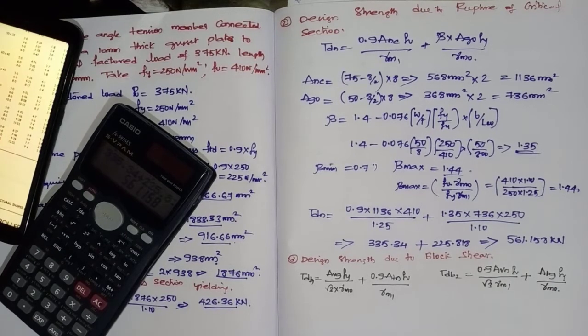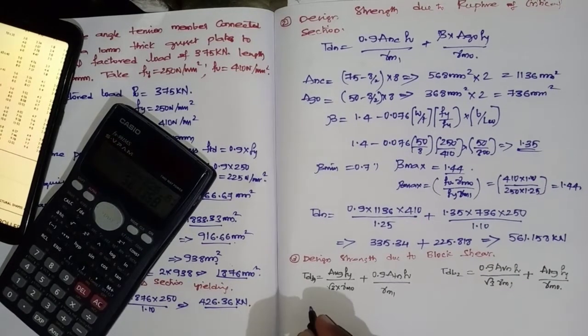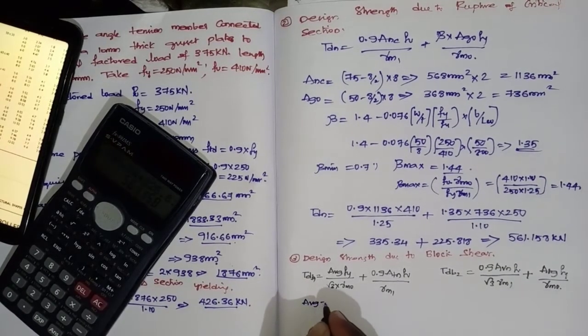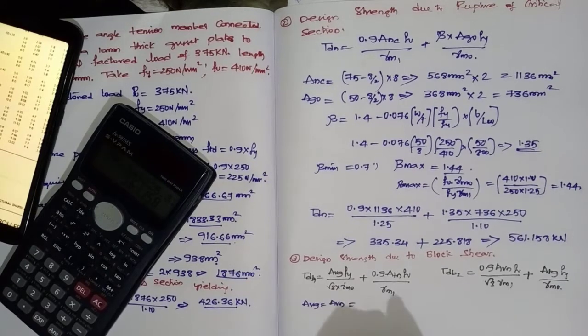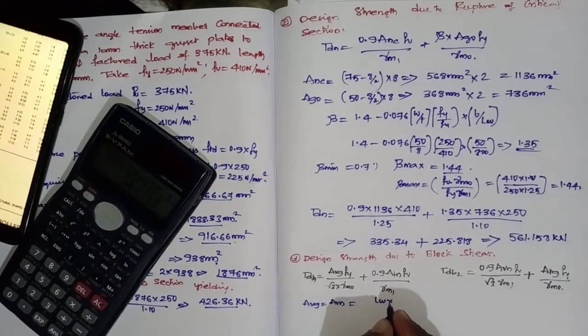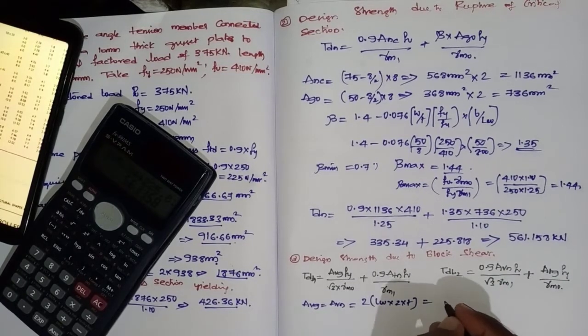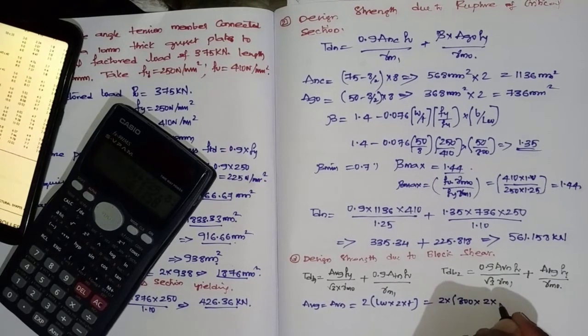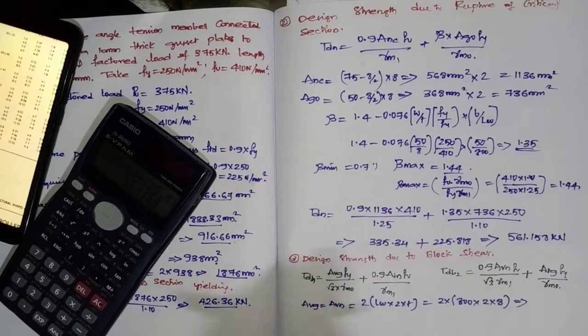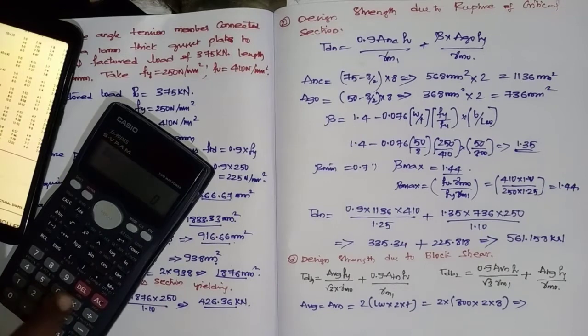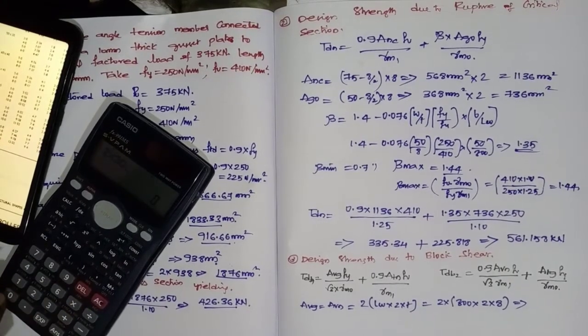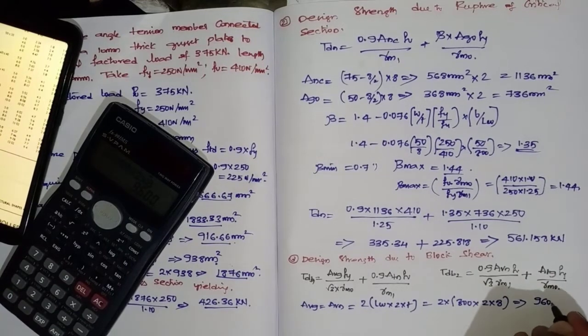Now you all know, earlier we have discussed that area under shear, AVG or AVN, what is that? Length of weld into 2 into thickness, but here double angle into 2. Okay, so 2 into 300 into 2 into 8 mm. How much it is? So 2 into 300 into 2 into 8. So 9600 mm square.